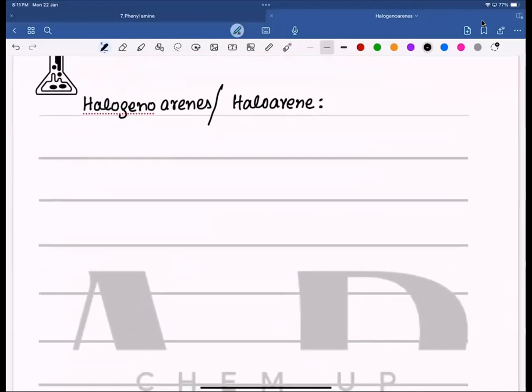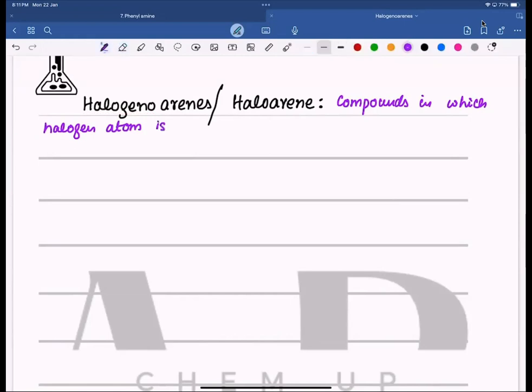Okay, so haloarenes or halogenarenes are the compounds in which a halogen atom is bonded to benzene.